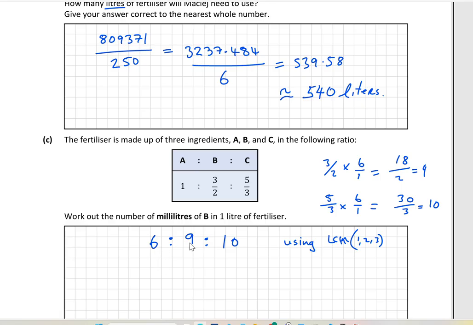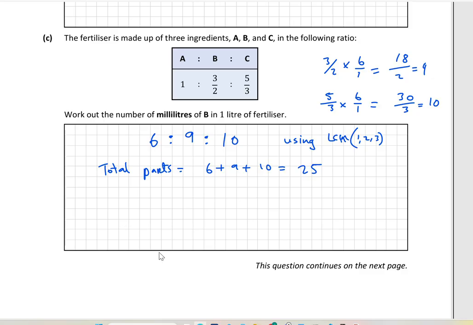Now, if I add those together, 6 and 9 is 15, plus 10 is 25. Okay, so that's kind of the way the ratios are working there. So the total parts then is 6 plus 9 plus 10, which is equal to 25. All right.